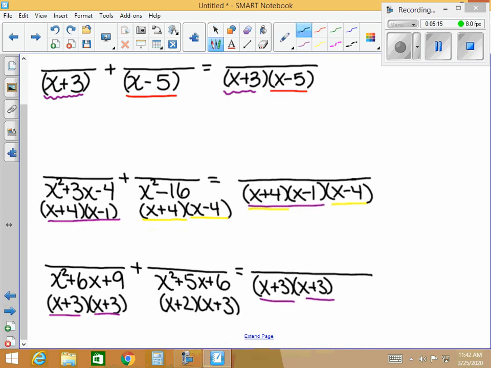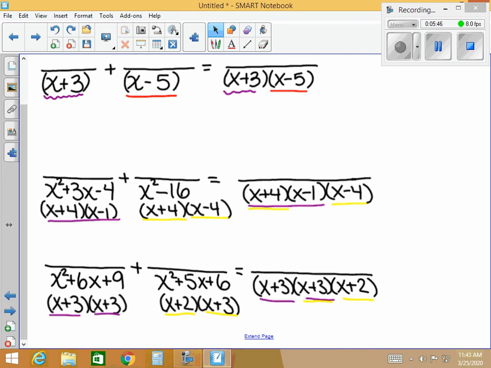So I've got both my x plus 3's on there, and as I hop across, I need an x plus 2 and an x plus 3. The x plus 3 is already there, so really all I have to stick on the end is the x plus 2. The lowest common denominator between those two denominators is x plus 3 quantity squared, or side by side like I did, and the x plus 2.